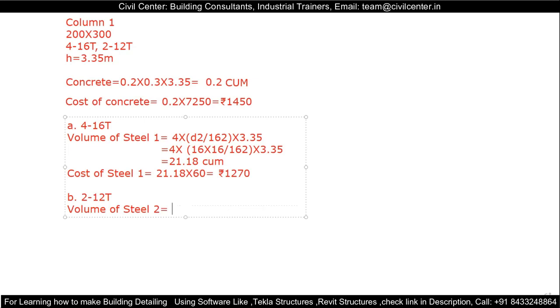So it will be again 4 multiplied by diameter square by 162, that is 12 into 12 divided by 162, and the whole multiplied by 3.35, that is the height of the steel reinforcement.